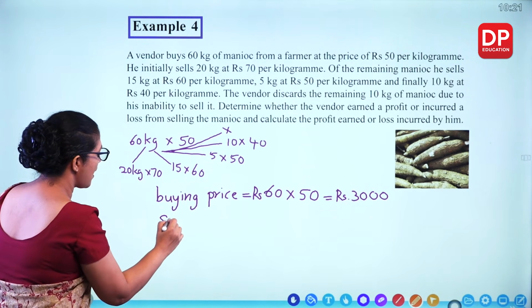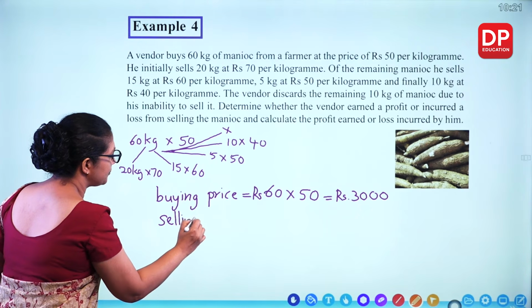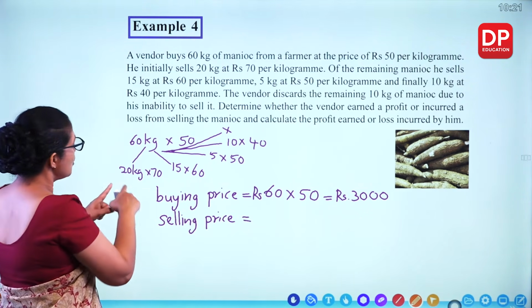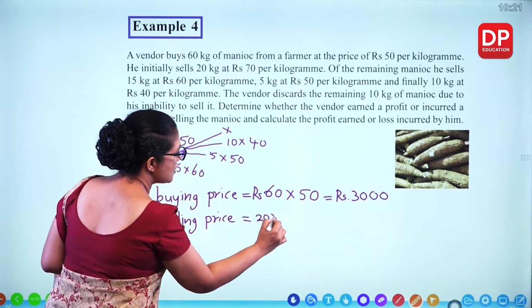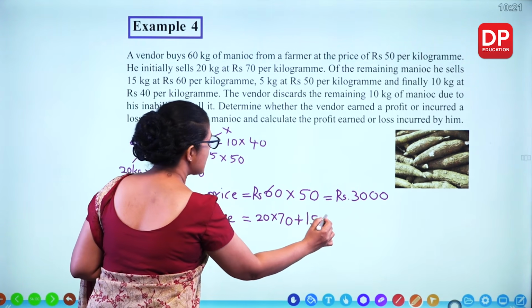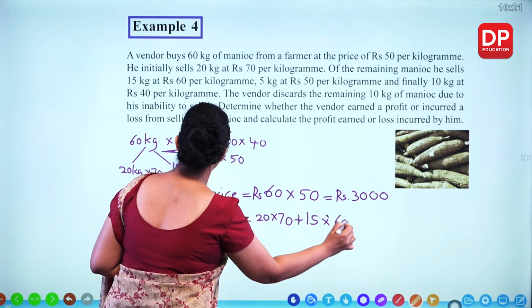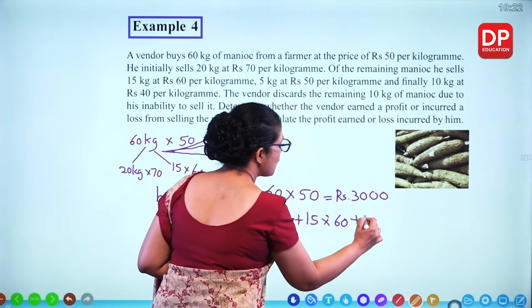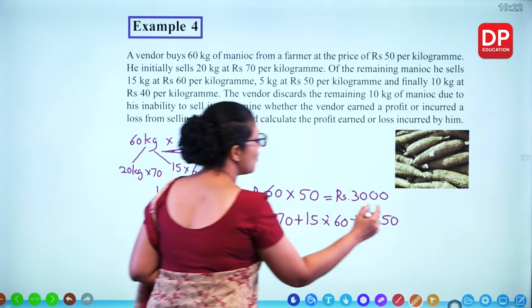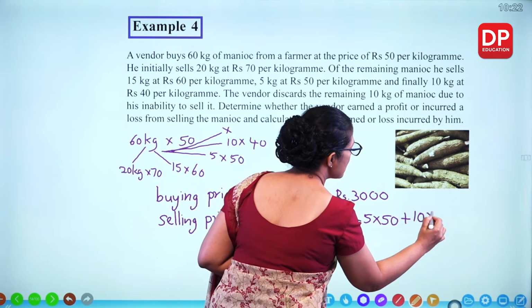Now the selling price, each one you have to add and get the total. 20 kilos for 70 rupees, 15 kilos for 60 rupees, 5 kilos for 50, 10 kilos for 40.